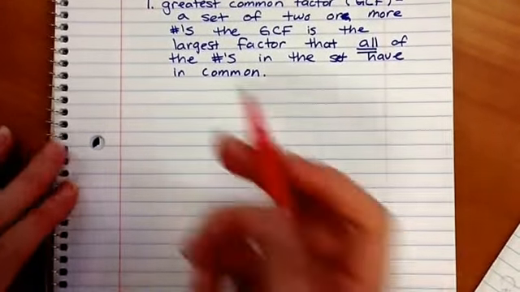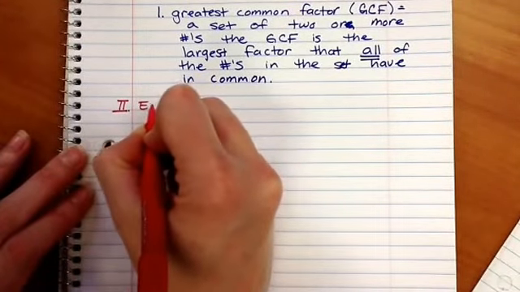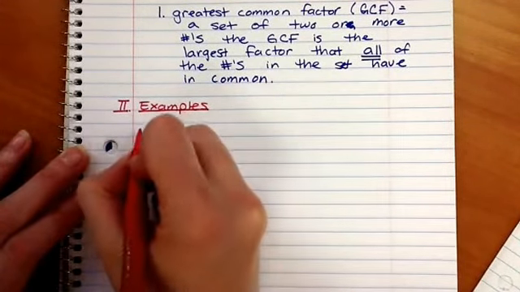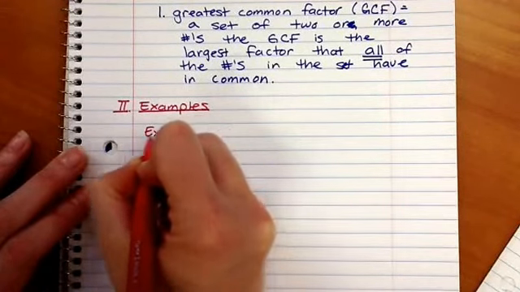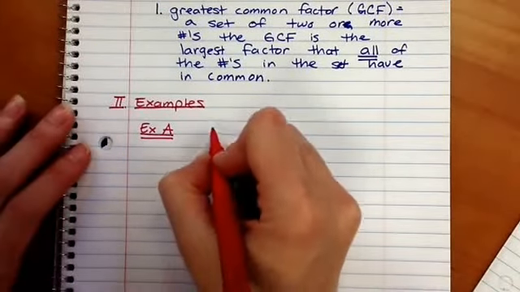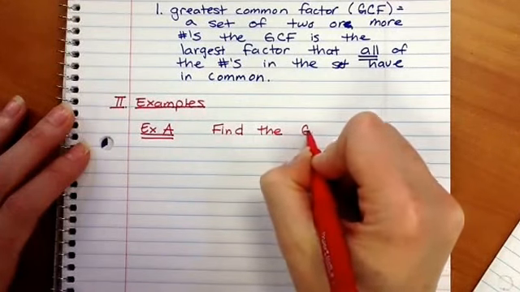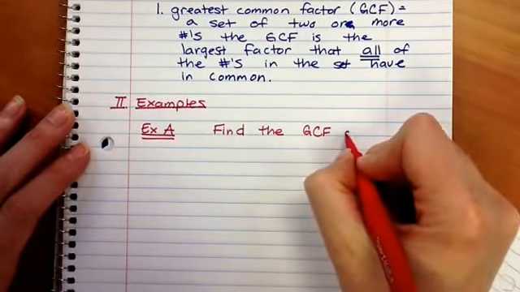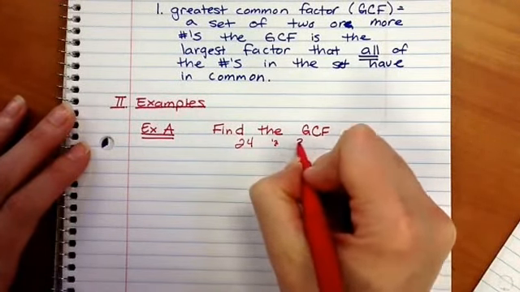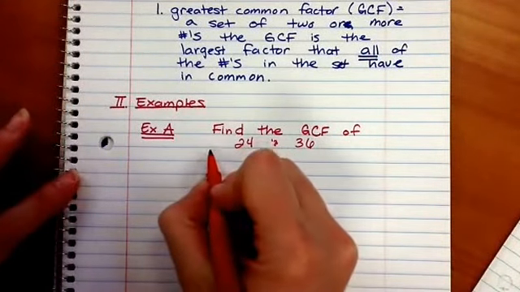The first example, so let's set up the examples portion of our notes, and we're going to start with example A. Let's say we were given two numbers and we want to find the GCF of the numbers 24 and 36. The first way I'm going to teach you to do this is through prime factorization.